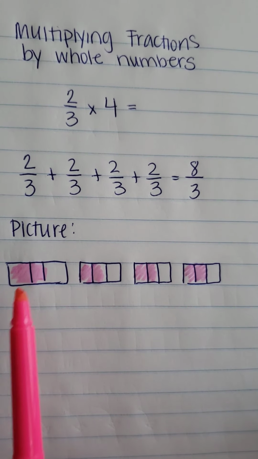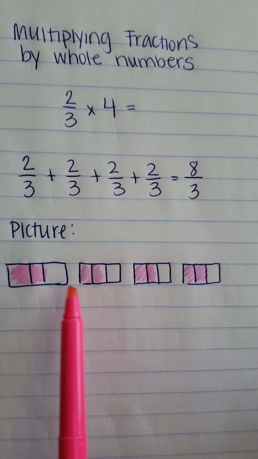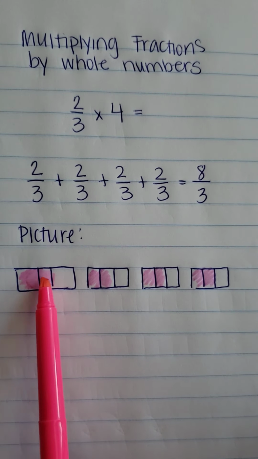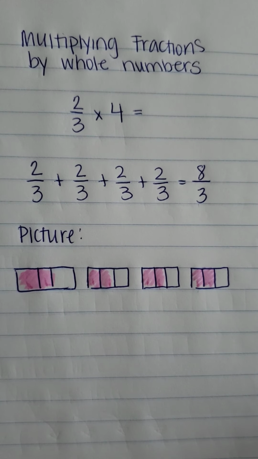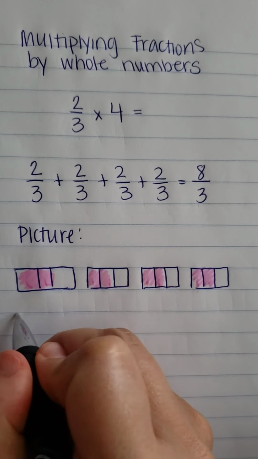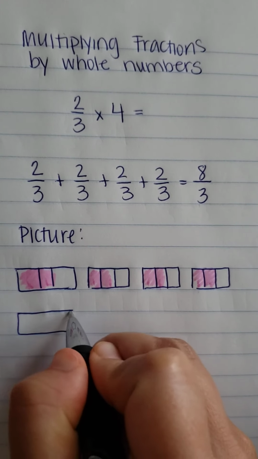So this represents 2/3 4 different times. And we get 1, 2, 3, 4, 5, 6, 7, 8/3. Okay, to show this in simplest form, we will combine this model.